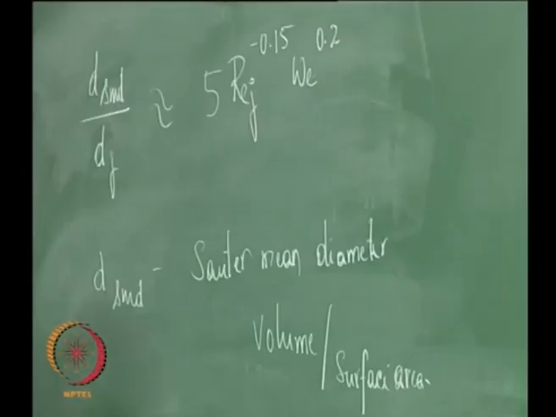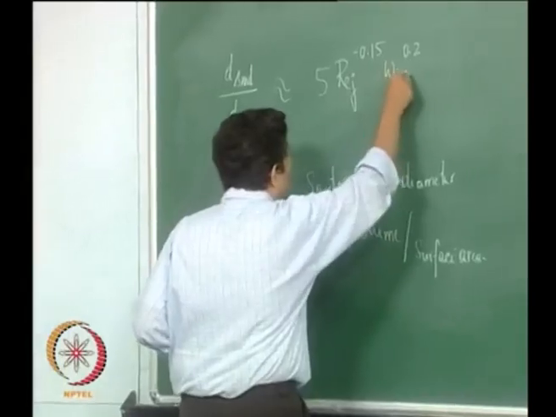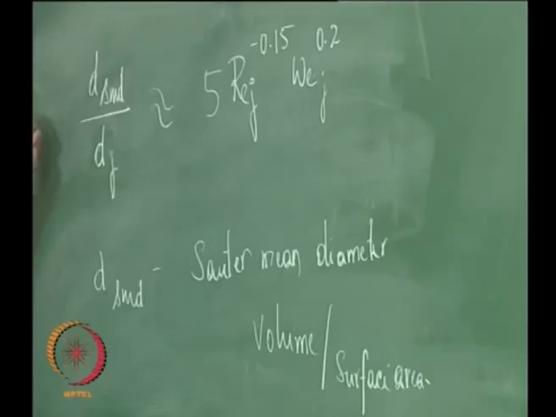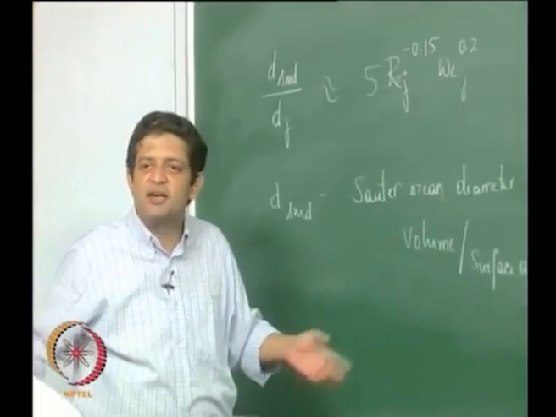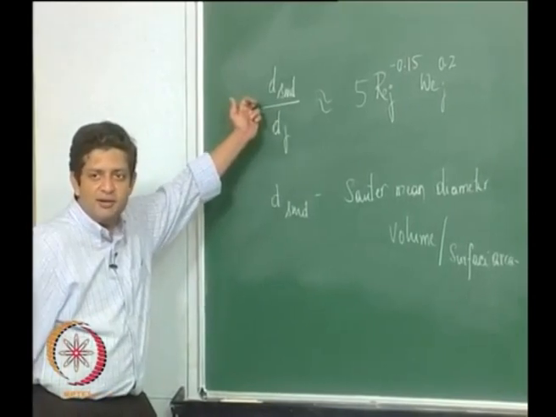this expression in terms of the Reynolds number and Weber number, connecting the diameter of the jet to the Sauter mean diameter. If we want the combustion to be complete within some length, we would want a particular Sauter mean diameter, right.